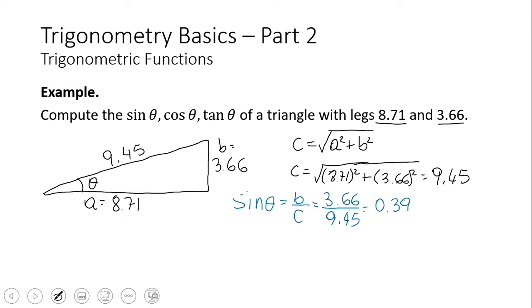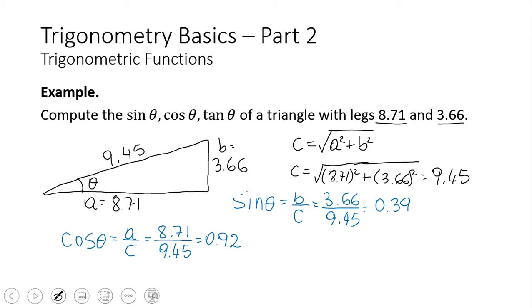For the cosine, let's do it down here. It will be A divided by C, which is 8.71 divided by 9.45. And again, plugging in the numbers, you will get 0.92.